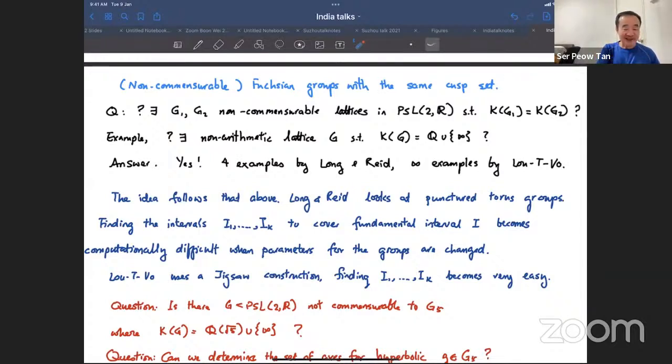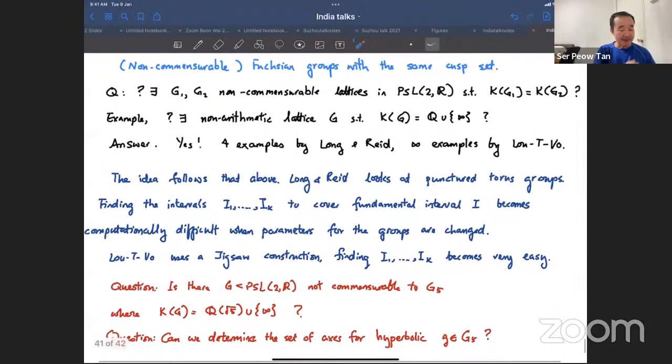So it was not clear whether there were infinitely many. In fact, in the paper, they asked the question twice, once in the positive and once in the negative. So there wasn't really a conjecture. It was like, are there infinitely many or are there only finitely many?